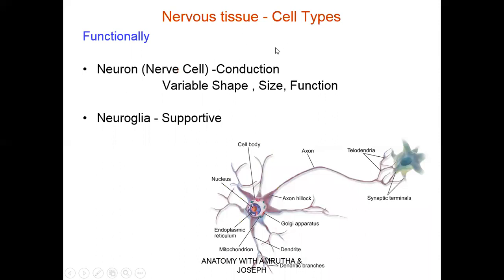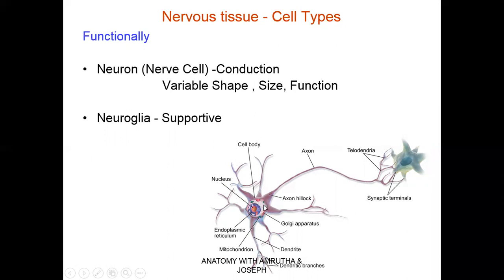There are different cells which are seen in the nervous tissue. Functionally, they can be neurons and neuroglia. Neurons are also called nerve cells and their function is conduction. They can be of variable size, shape and function.